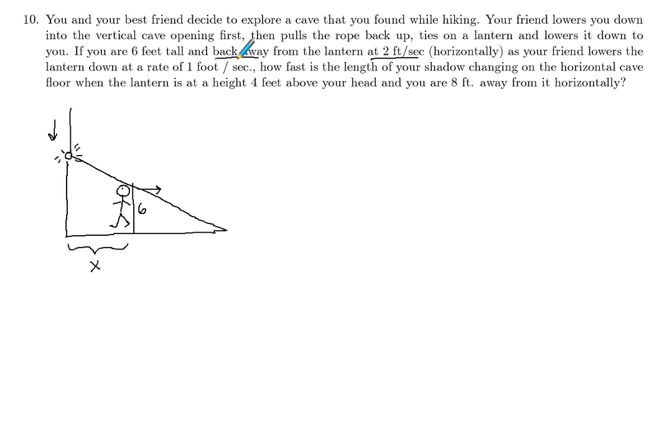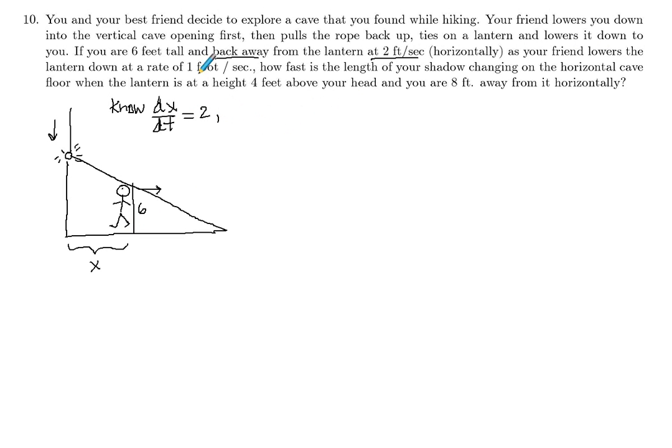So then this rate is saying that dx/dt, here's what we know, we know that dx/dt is going to be equal to 2 feet per second. And it's positive because as you back up this way, this length is increasing. X is increasing.